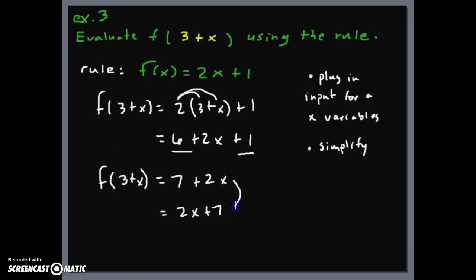So I can put in the answer either way, the constant first, or with the variable term first. Our input is 3 plus x, and our output is 2x plus 7.